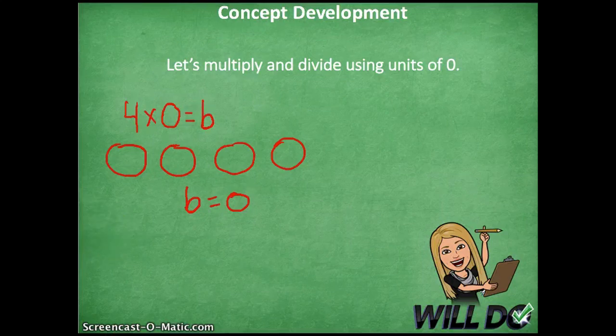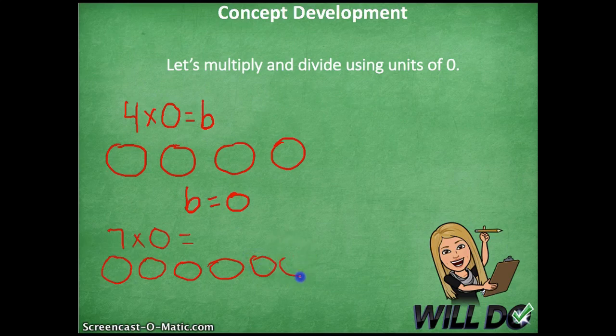Let's look at a couple more equations. So we have 7 times 0 equals, so we have 7 groups with 0 in them.